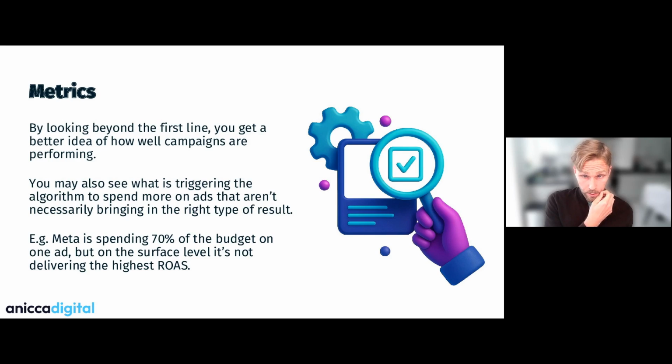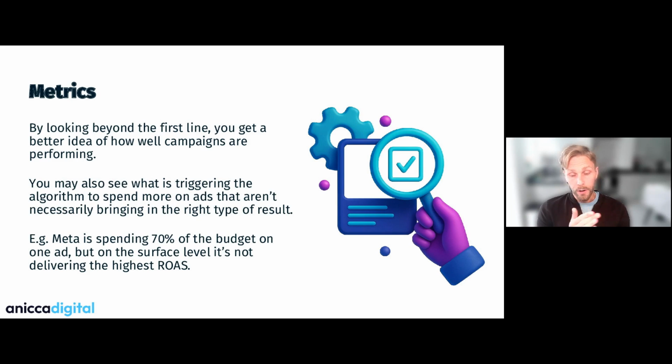You might also see what's triggering the algorithm to spend more. Especially if you run ads regularly, there might be cases where you look at the spend the platform is allocating budgets to, and you think, why is it spending so much on that ad? I'm not getting the sales from this ad, but Meta seems to be favoring it big time.